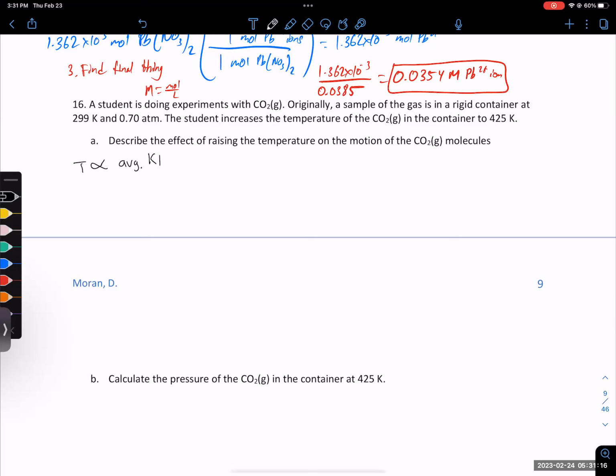So if it's directly proportional, that means as we increase the temperature, the kinetic energy KE increases. If the kinetic energy of the molecules increases, what increases of these molecules?